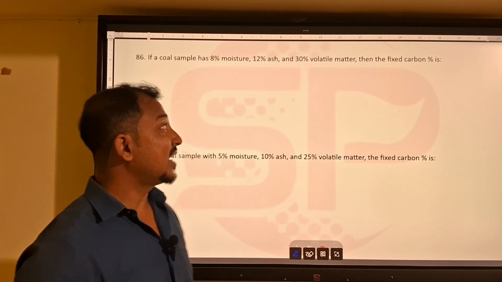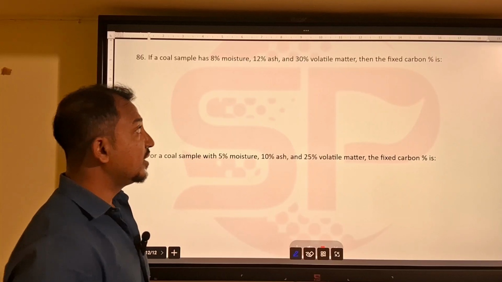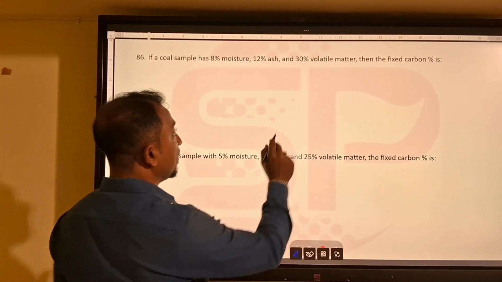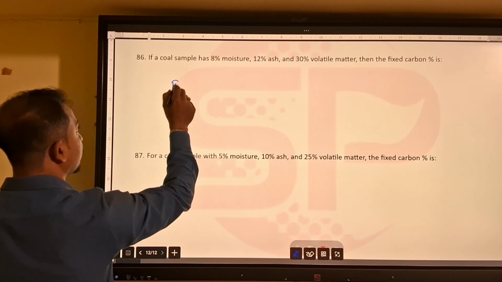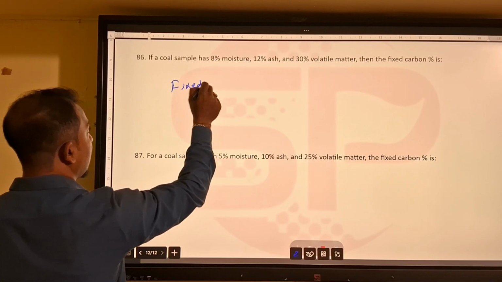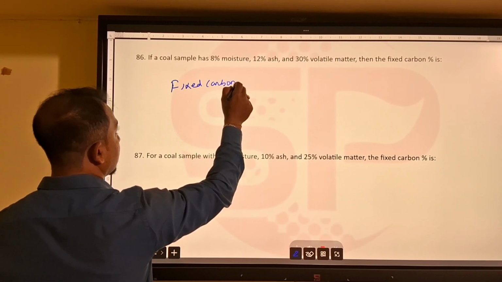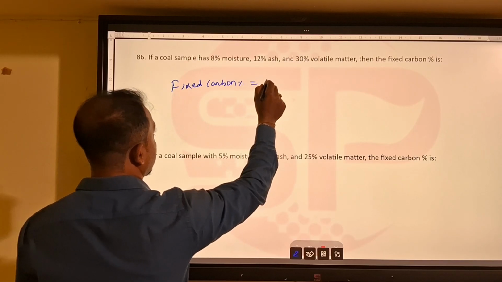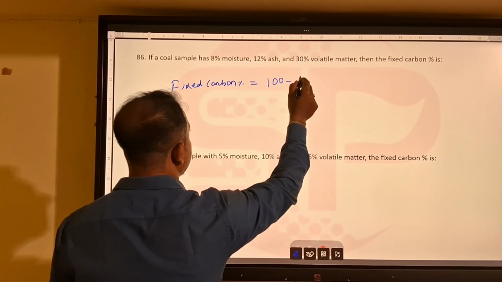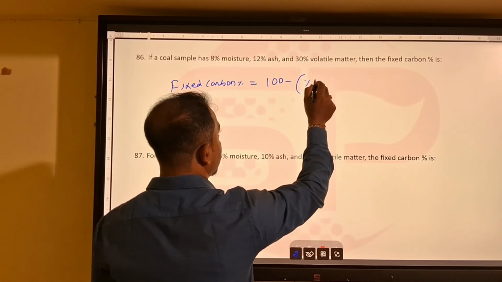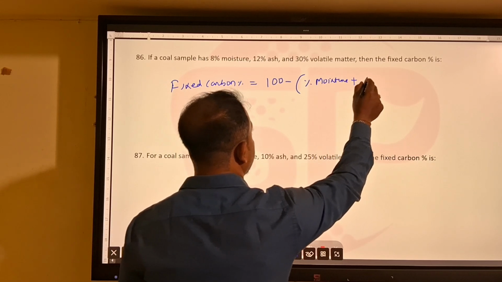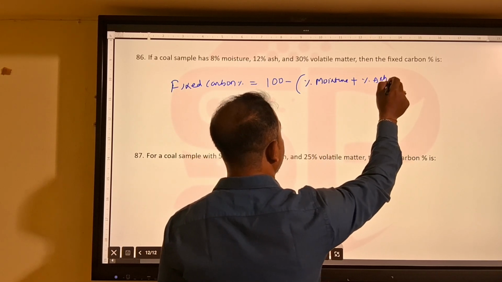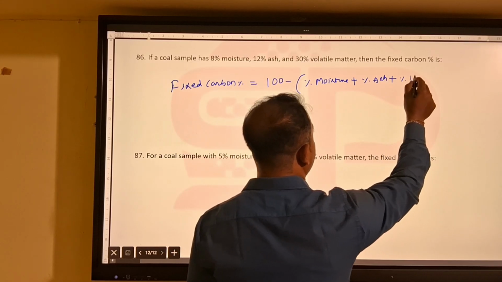So next comes fixed carbon percentage calculation. It is a very easy numerical. So just remember the formula. Fixed carbon percentage is calculated by 100 minus the percentage of moisture in the coal plus percentage of ash in the coal plus percentage of volatile matter.